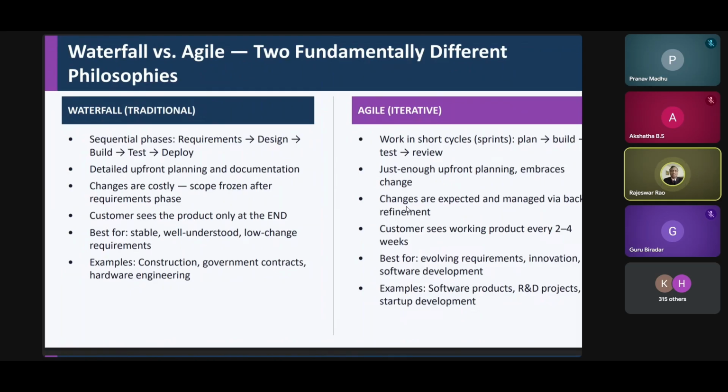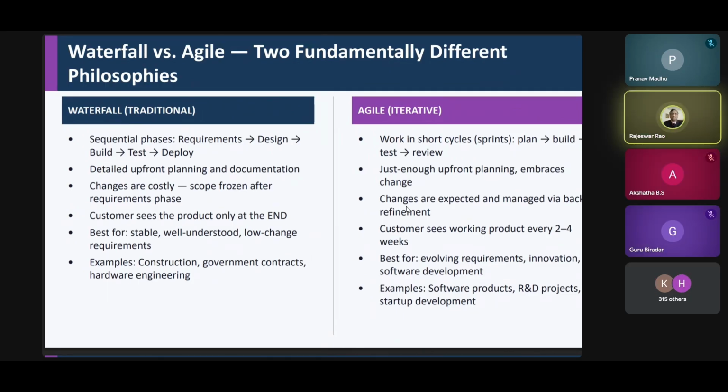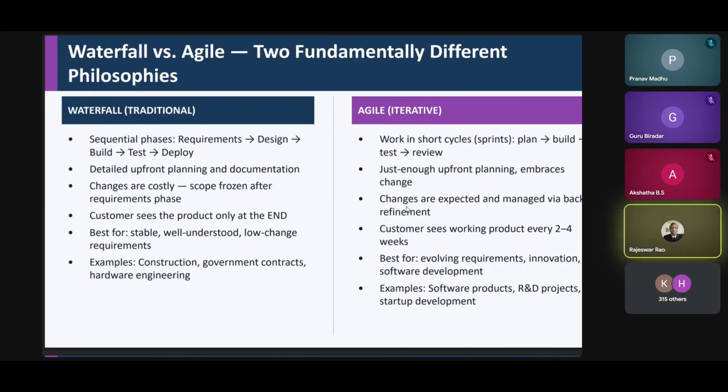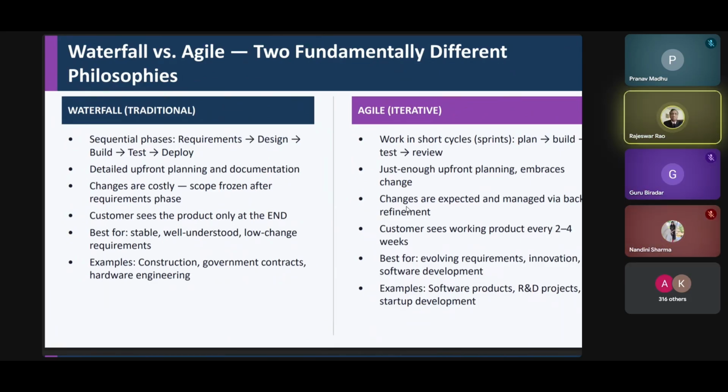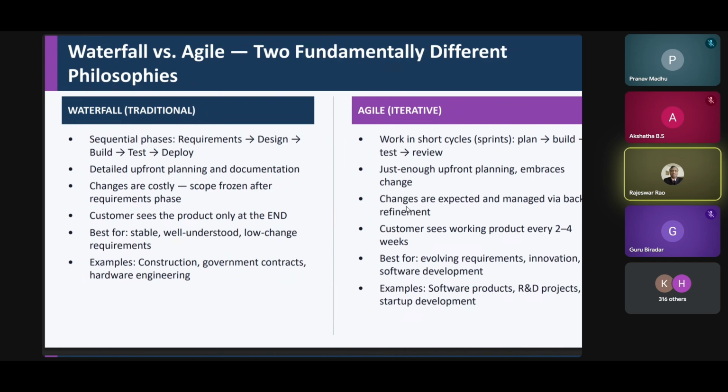Unless you complete the design phase, you cannot get into the development phase. Unless you complete the development phase, you cannot get into the testing phase, and it goes on. It was a unidirectional flow like a waterfall. The water doesn't go in reverse. There is no feedback. There is no going back once the process has started.